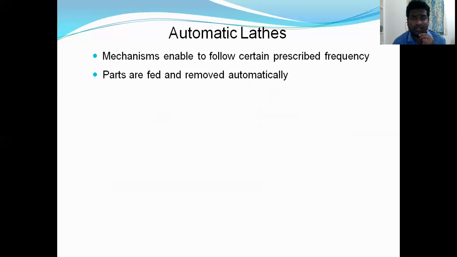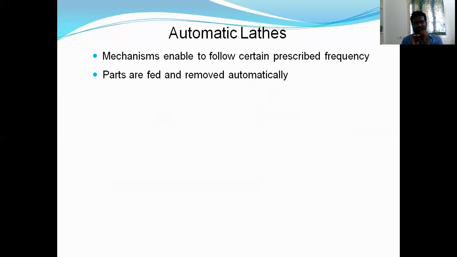Here, we compare semi-automatic and automatic. This is a very important point we are discussing now. Parts are fed and removed automatically. In the semi-automatic lathe, the parts are fed and removed manually. That is the difference between the automatic lathe and the semi-automatic lathe. In the automatic lathe, the parts are fed and removed automatically, so there is no manpower and no skilled labor.